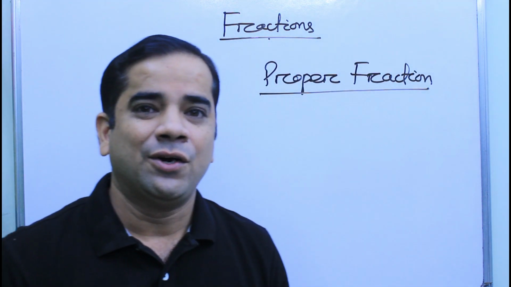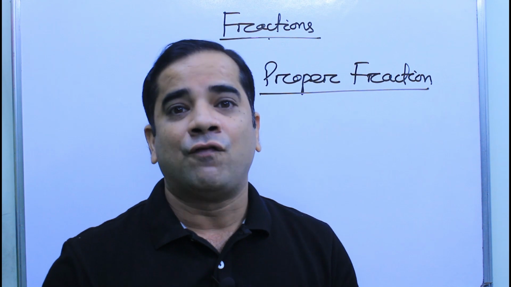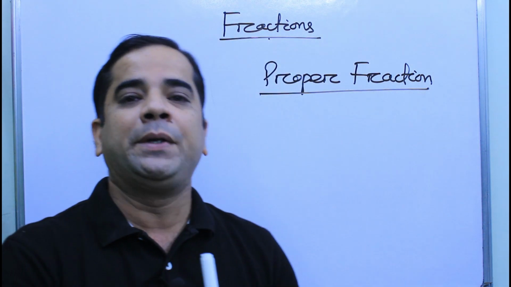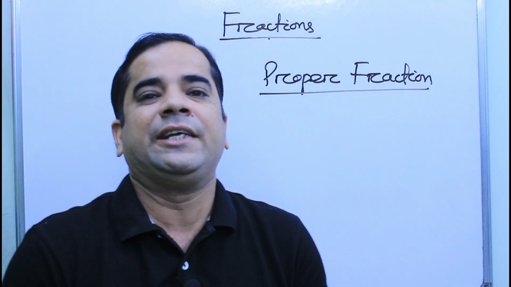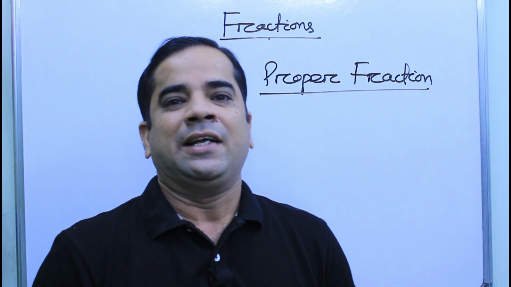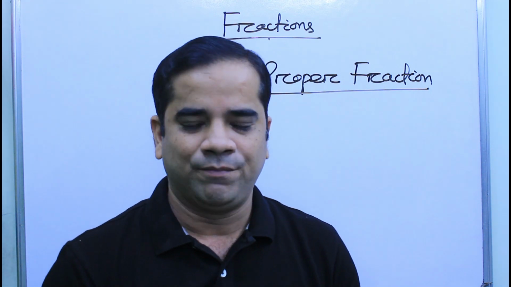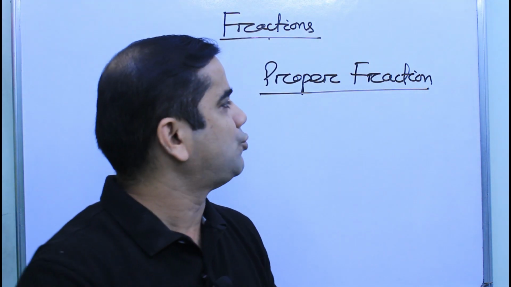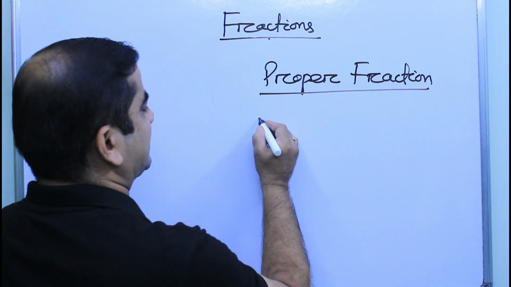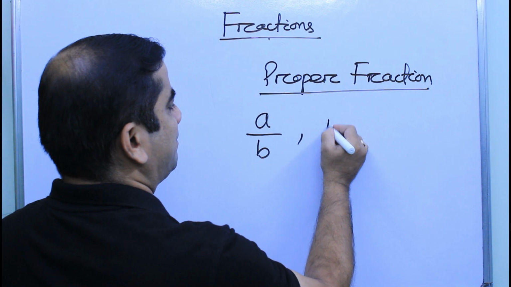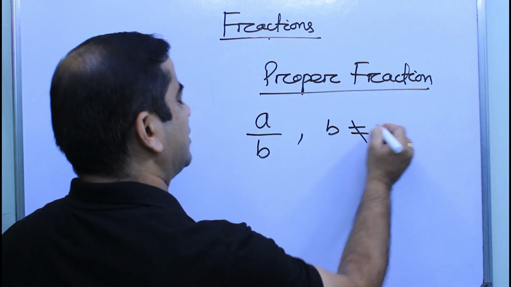Okay, students, we have discussed about the formation of fractions, basic of fractions in my previous video. Whosoever is new to my channel, they can go to my playlist and watch the video. So as we have already discussed, fractions are in the form of a by b and b is not equal to 0.